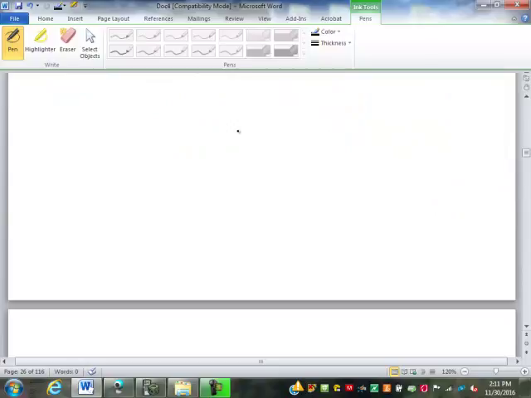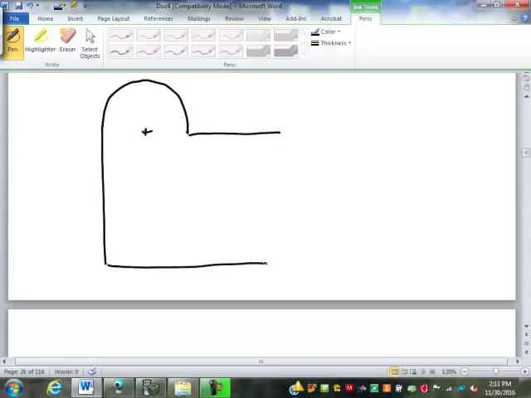Of course, then we talked about combining things. So let's say we do a shape like this.